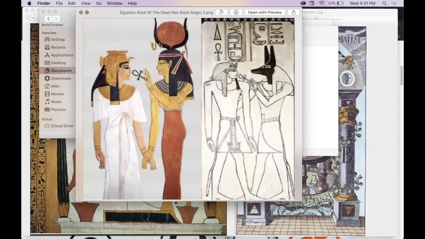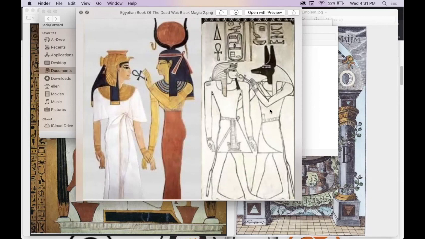This round disc, typically within the two horns, is the moon. Now, since this is red, I would suggest that this is quite possibly a blood moon, and that this is during the initiation. Maybe they say, okay, well, this is the blood moon. This is when we're going to say our initiates have earned the right to become a white magician, because they know the black magic as well.